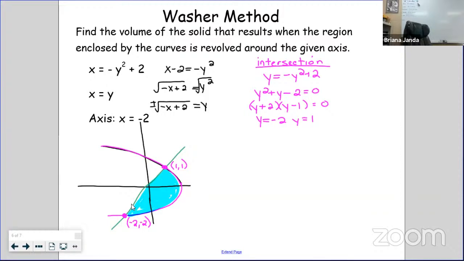Okay, why did I do that? Because I wanted to know exactly where to draw my axis of revolution. So our x equals -2 is actually going to go through that point right there. Here's the line x equals -2, and that is what we are revolving around.